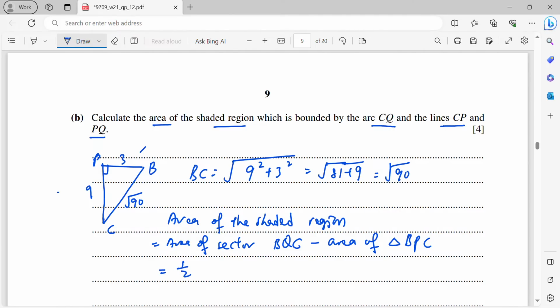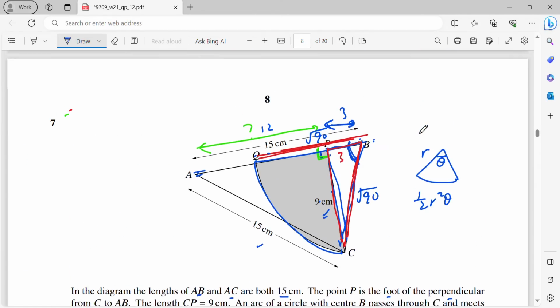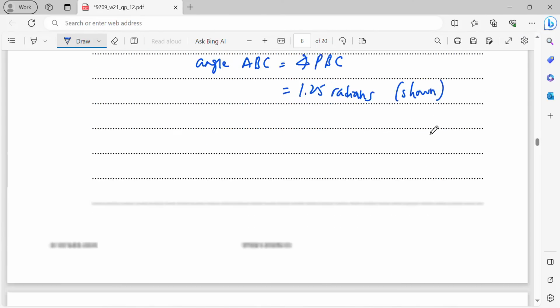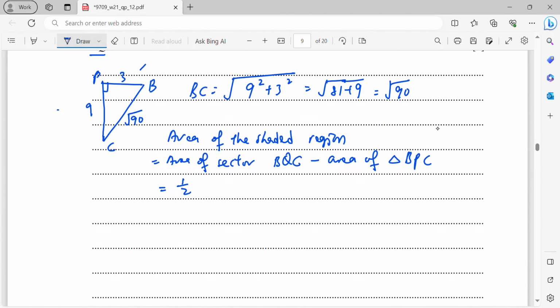So formula for area of sector BQC, okay, refer to here, it will be half R squared theta. Your R is square root 90. Your theta is the angle ABC that we have just solved. So it will be square root 90 squared, then 1.25.